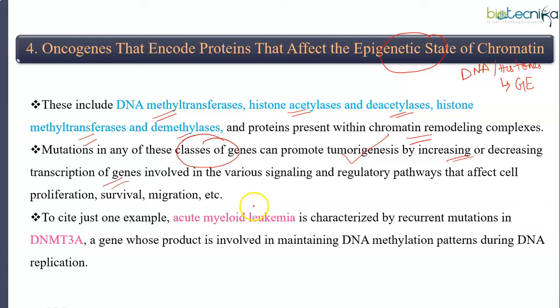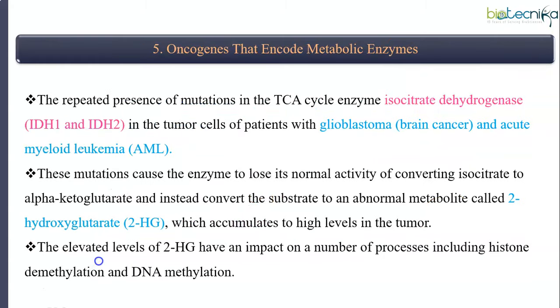We have one example for that, AML, acute myeloid leukemia. This is characterized by recurrent mutations in the DNA methyltransferase 3A enzyme. The original function of this enzyme is maintaining the methylation pattern during DNA replication. So if the methylation pattern is affected, overall replication will be affected.